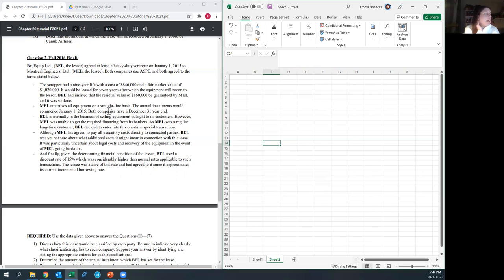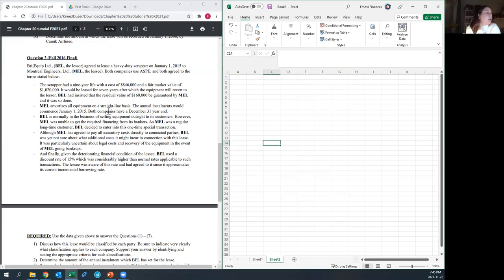The scraper had a 9-year life with a cost of $846,000 and a fair market value of $1,020,000. It will be leased for 7 years, after which the equipment will revert to the lessor. Bell had insisted that the residual value of $160,000 be guaranteed by Mel, and it was so done.